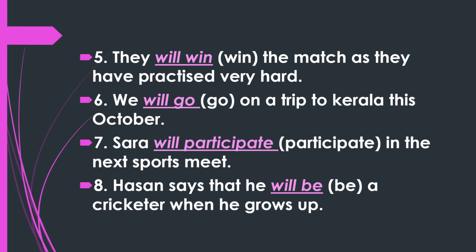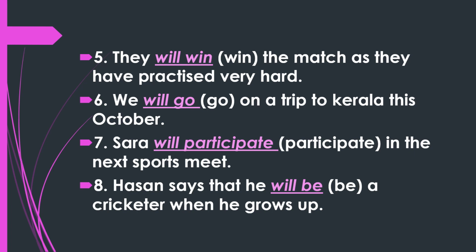The eighth, that is the last one, is Hassan says that he dash a cricketer when he grows up. Here the verb given to us in the bracket is be. So we add will before be and the sentence becomes Hassan says that he will be a cricketer when he grows up.